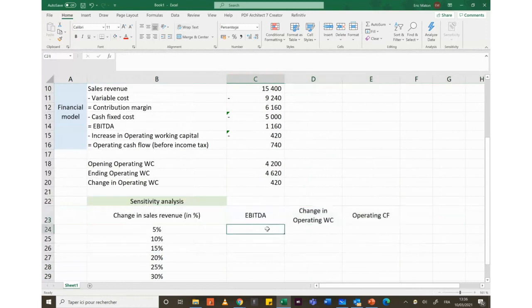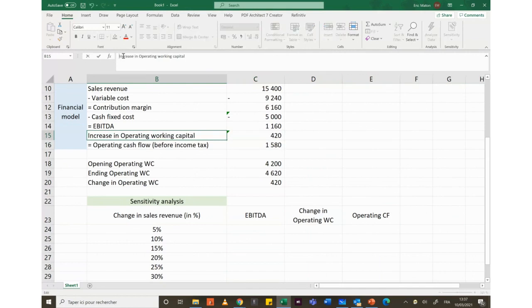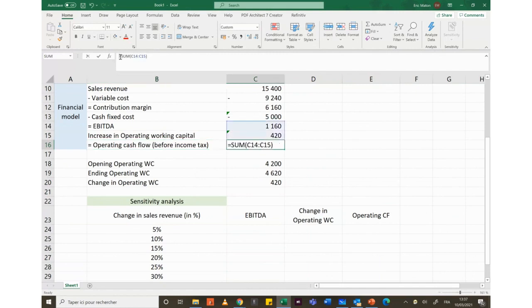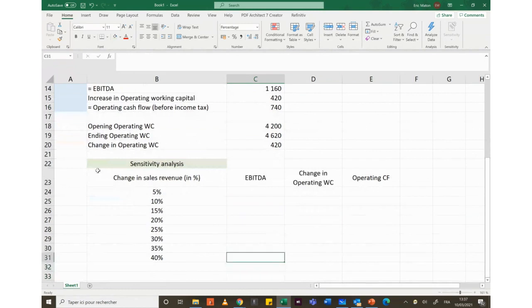Okay, so I should put not a minus because I will have a number in minus. I want a plus, so I put plus here, equal. Here I put the increase, directly the increase. And here I will put minus in the calculation. So I use this one minus this one. Okay. And here I need a new line.